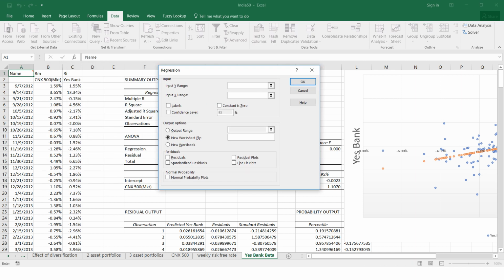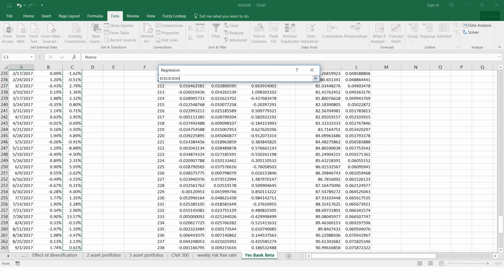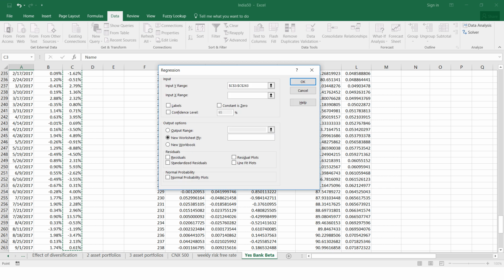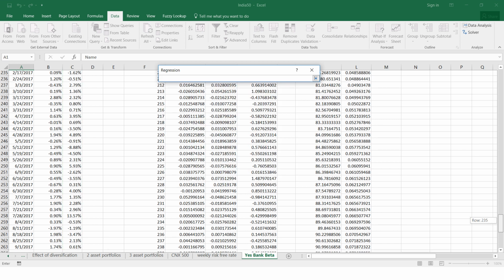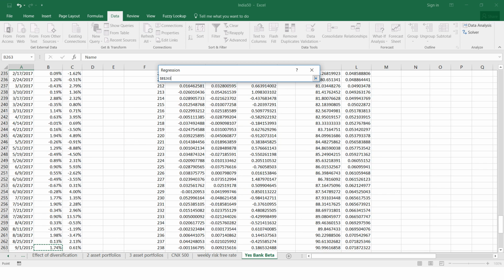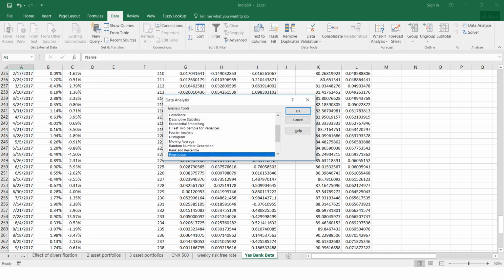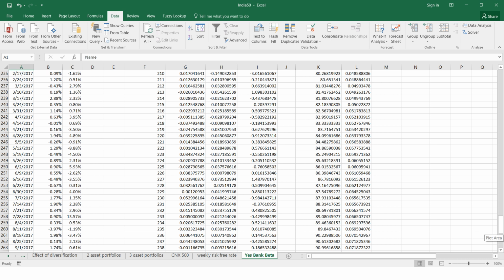You select Yes Bank returns as your Y, so this is your Y. You select CNX 500 as your X, so this is X, and then you can run the regression and you can get the results that I already have. So let me just discuss those results.